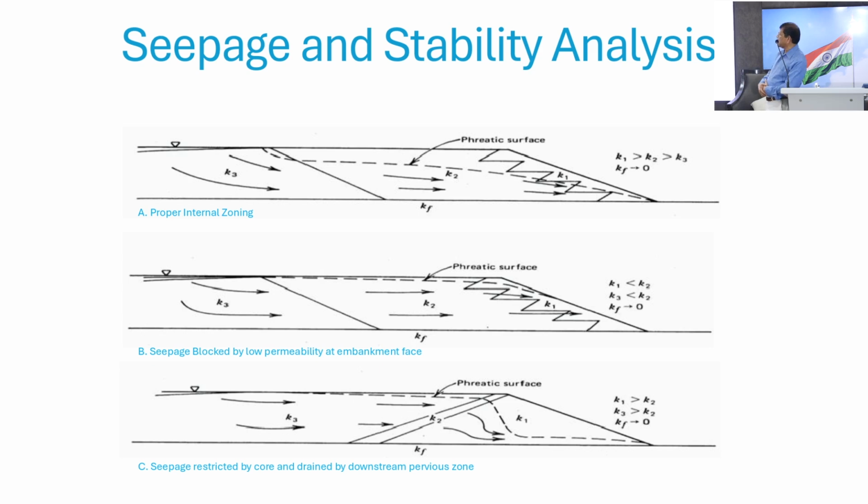So you can see that you can have a proper internal zoning. That is what we normally assume, that there is a proper zoning. Very close to the face, we have a sand kind of material, which is high permeability sand.